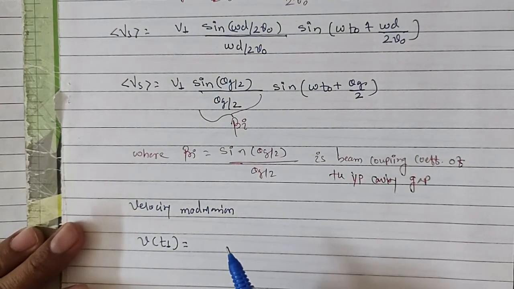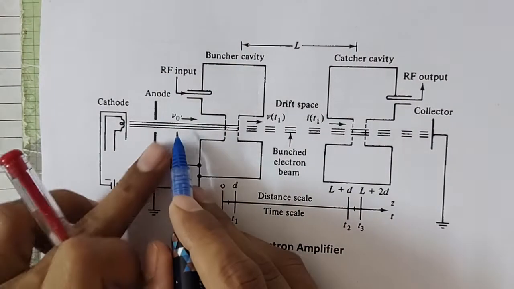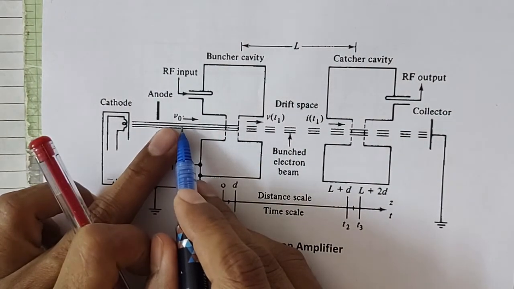So this velocity of electrons when they have exited from the buncher gap is, as we have stated in the start, 0.593 into 10 to the power 6 under root V0.